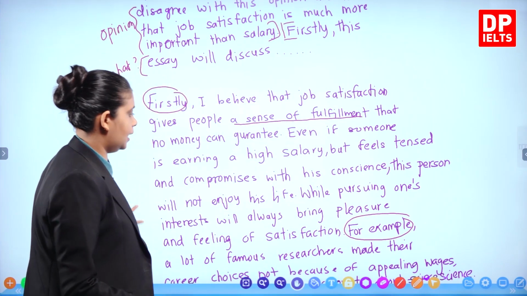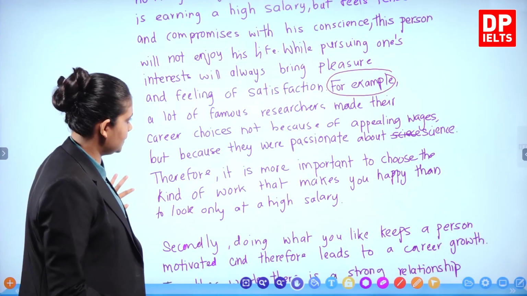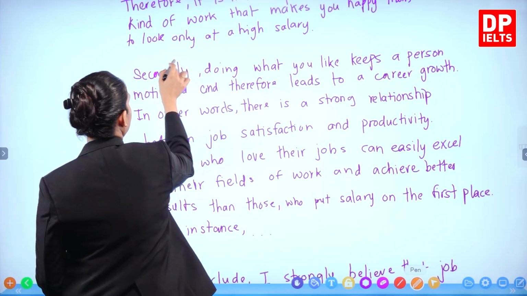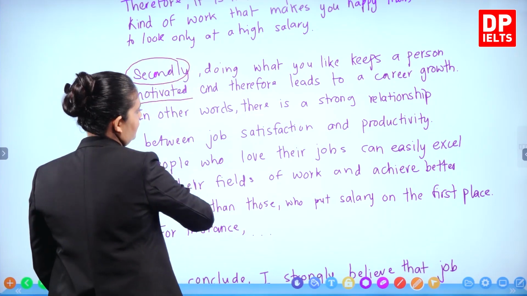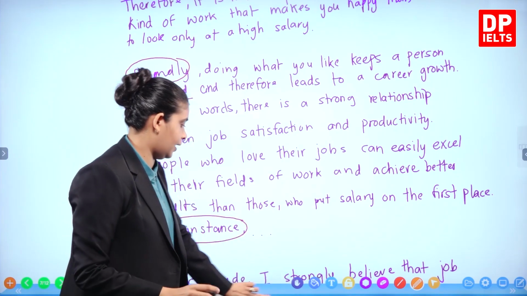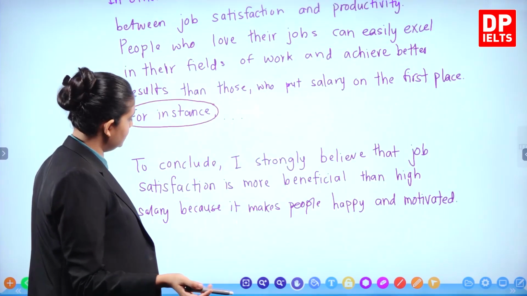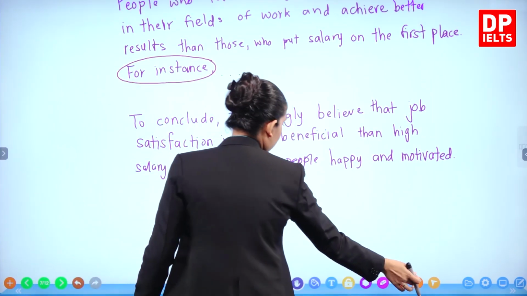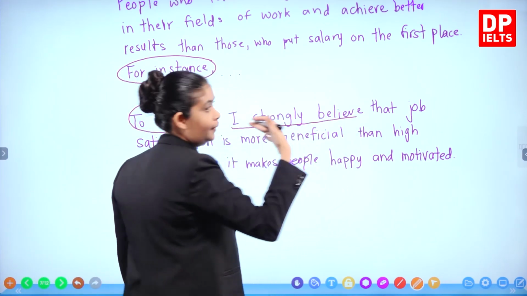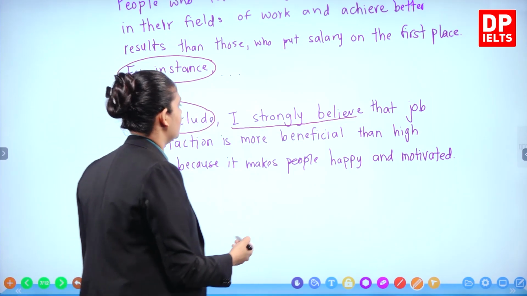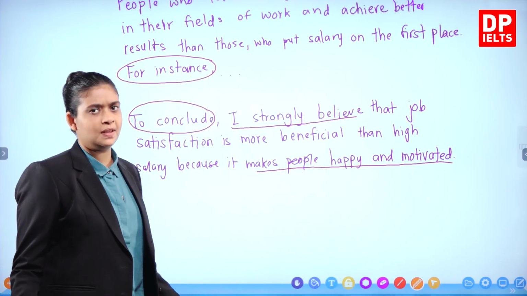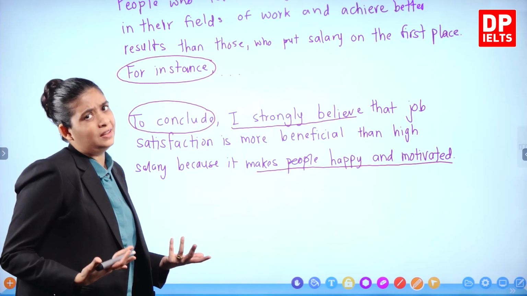For example, and I talk about a personal example, right? Then I have my second point, that it keeps a person motivated, and it talks more about it, and you could write an example. Okay, I haven't written it, but hopefully you could do it. And then in conclusion, or to conclude my linker, I write about my opinion and what I think makes people happy and motivated. I didn't write a prediction because there's nothing to predict about it. I felt that there was nothing much.